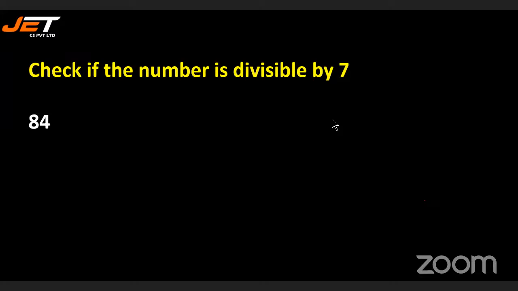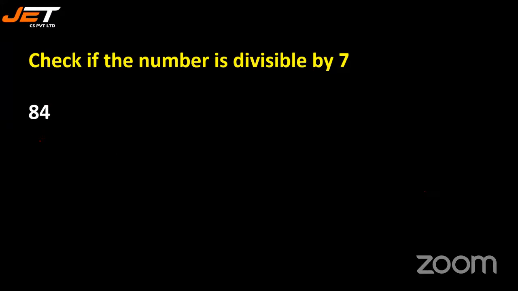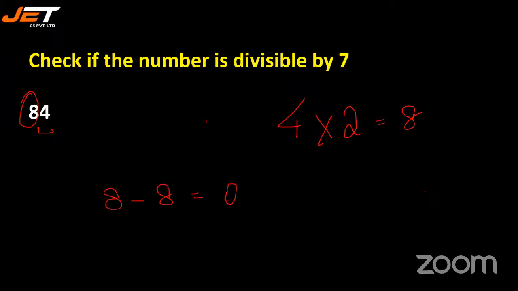Okay. So the last digit is 4. I'm going to do 4 times 2, which is 8. The remaining number is 8 only. I'll do 8 minus 8, which is 0. That means 84 is exactly divisible by 7.